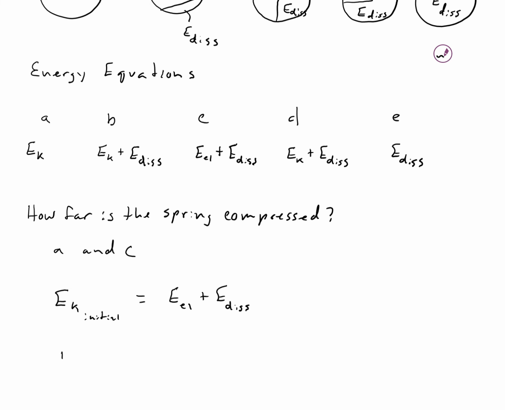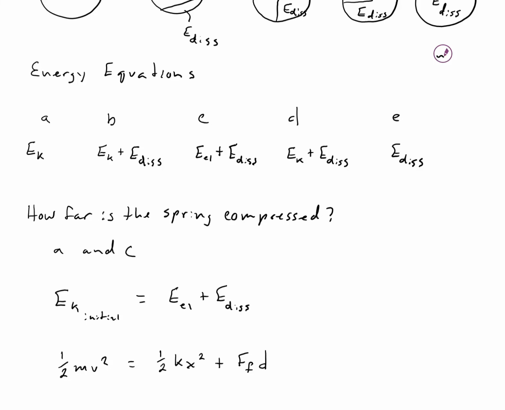Well, kinetic energy we know is 1/2 mv squared. Elastic energy we know is 1/2 kx squared. Dissipated is force of friction times how far we've traveled. Now, since I called this one X, I'm going to call this one something else.